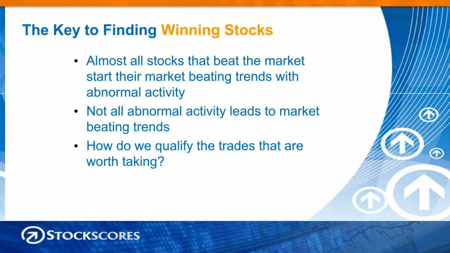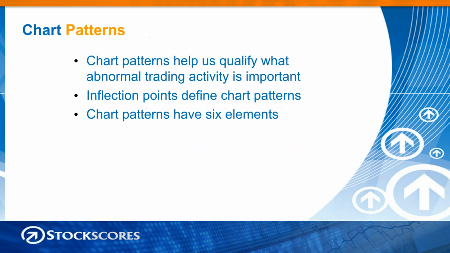Almost every stock that beats the market, if you go look at stocks that have done well today as day trades or over the last year as investments, if you go look at all of them, you will find that almost all of them, I'm going to say 90 to 95%, will start their market-beating trend with abnormal price and abnormal volume. The problem that we have is that not all abnormal price and not all abnormal volume leads to a market-beating trend. We need to have ways to qualify the trades that are worth taking.